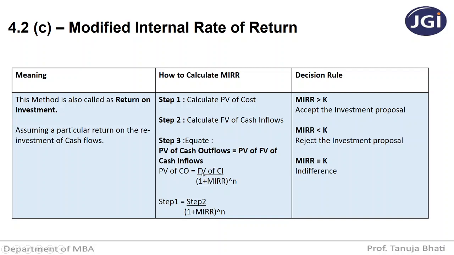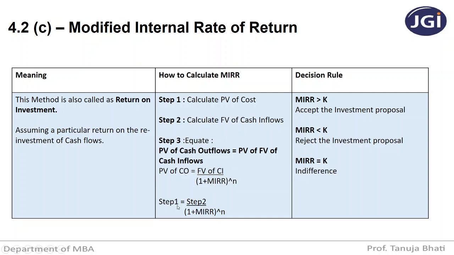So the future value is denoted by A, divided by (1 plus r) raised to n. Now, by substituting the figures, we will get r. Here r is missing. MIRR is nothing but the r. When we solve this equation, we will get the answer for r, that is, the modified internal rate of return.